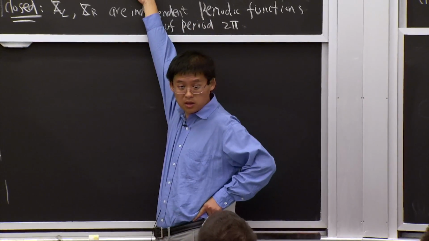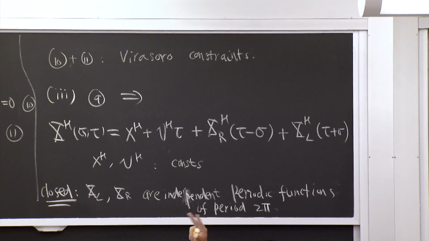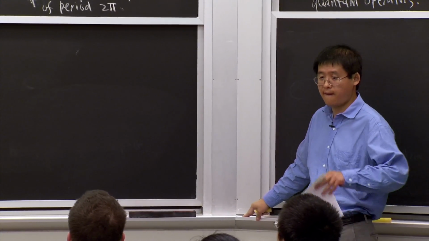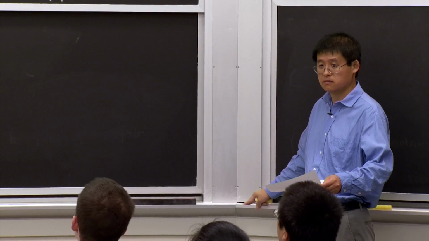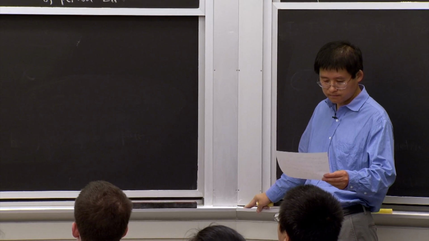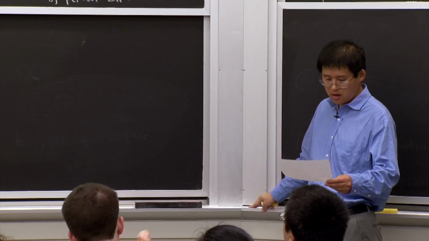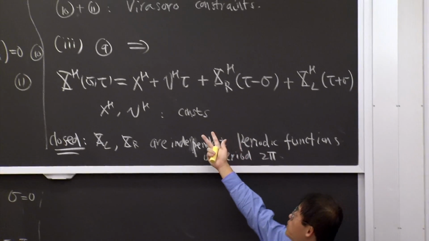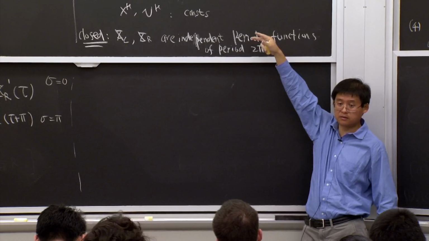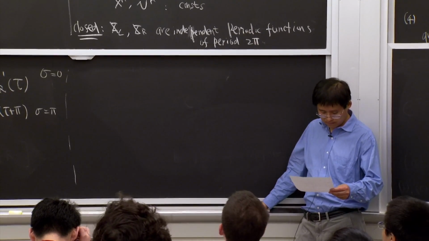I can package it in that form, it doesn't matter. I'm just saying here I'm not doing it. These are trivially periodic functions, and I just separate them. Fine. I see.